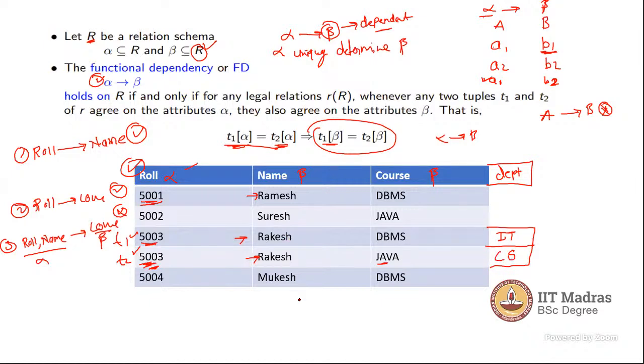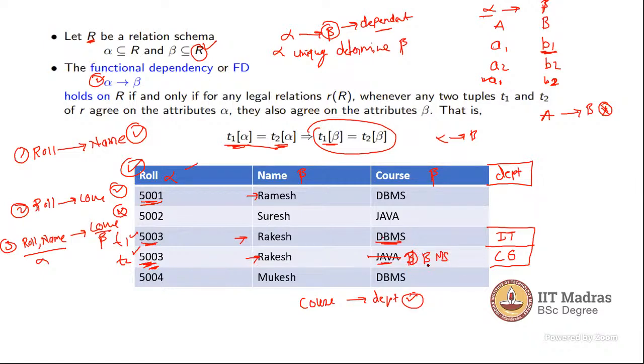Now if you see the functional dependency course determines department for these two tuples only, DBMS is determining IT department and Java belongs to CS department. So now this functional dependency holds true here. Now instead of Java, if I make it DBMS, then this functional dependency will not hold true.